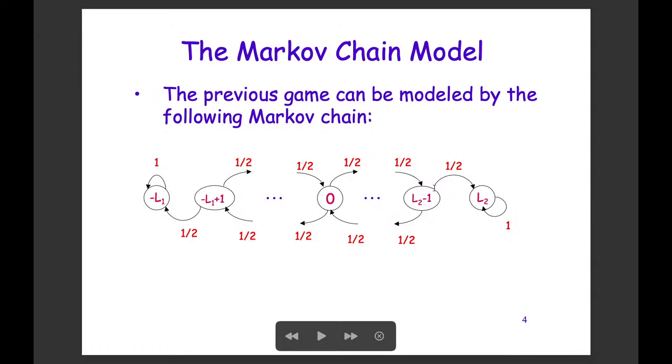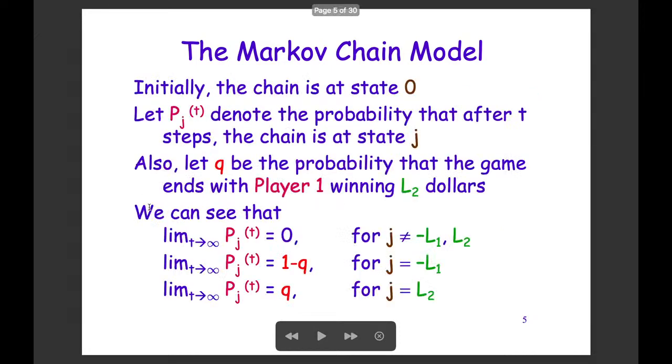We will not be staying in the intermediate part. We will be attracted to the state and then stay here forever, or we will be attracted to this state and stay here forever. So when t tends to infinity, when we are playing this game sufficiently long time, then apart from the extreme states, we will not have any probability in the intermediate states.